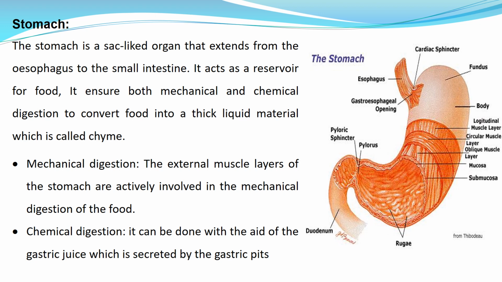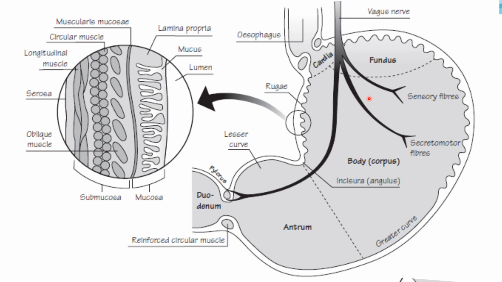Gastric juice is secreted by what? By the gastric glands. So what are these? This is the structure of the stomach. Each part of the stomach has its own nomenclature, but I'm not going through it, because you are expected to learn these names when you study anatomy.